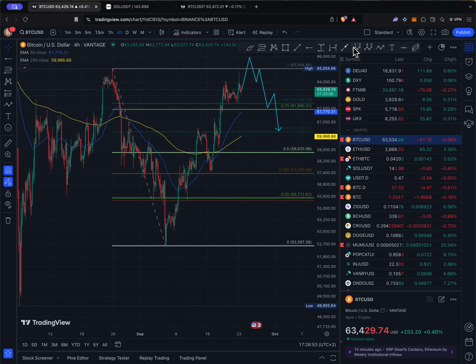Another potential scenario can be that we might just tap here a little bit and be strongly rejected like we were in here.